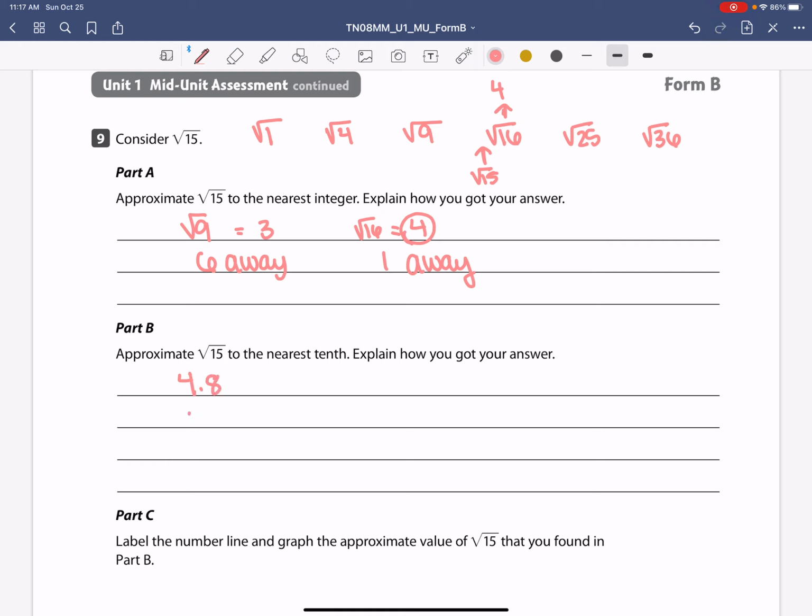I did it wrong again. Sorry. Let me try 3.7, 3.8, and 3.9.